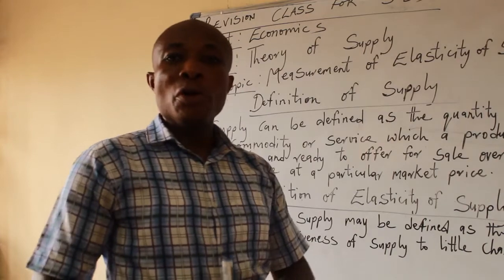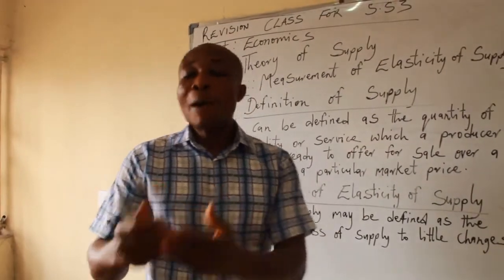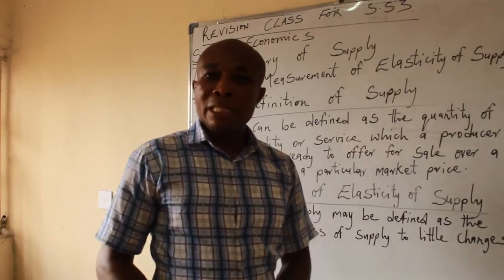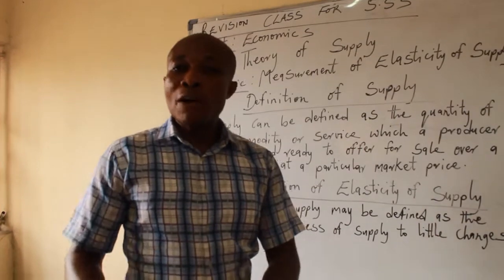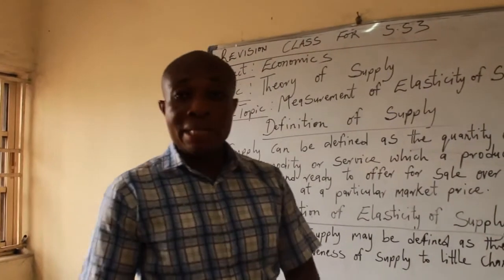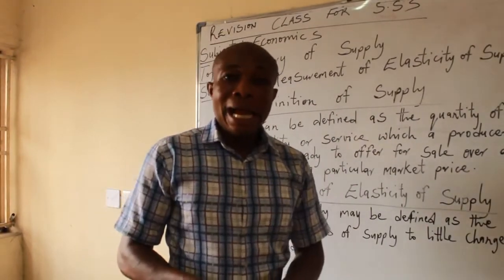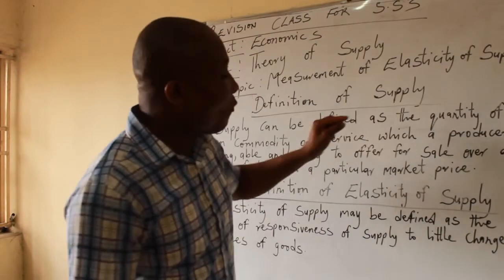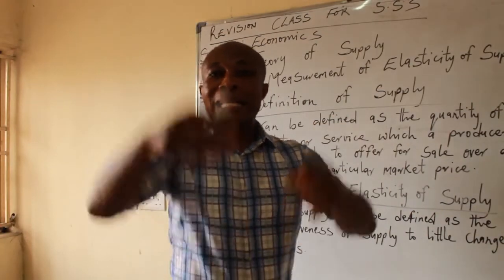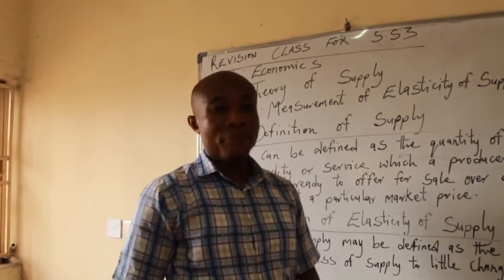If tomorrow the price increases, he may be willing to offer more for sale. If the price reduces, what he will offer for sale may also change. But what I'm saying is that quantity he is willing and able to offer for sale at a particular market price, let's take the market price for today, is the supply for the day.